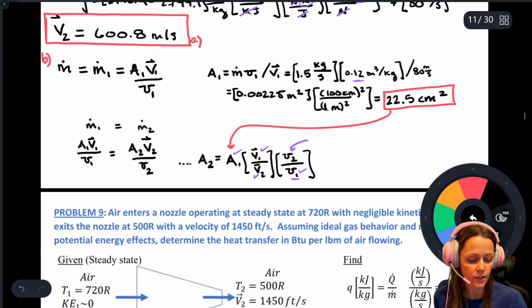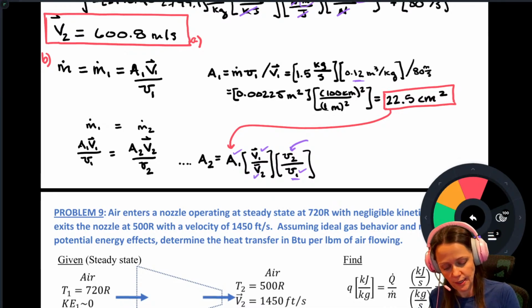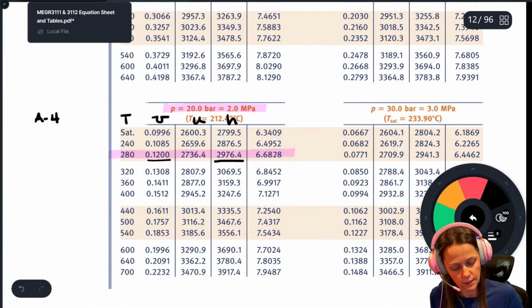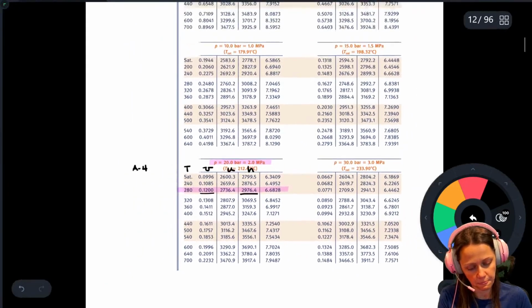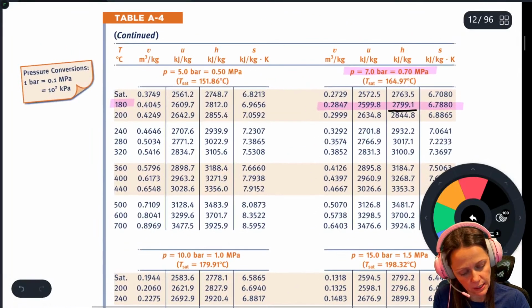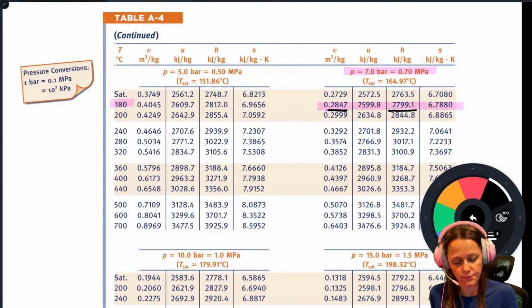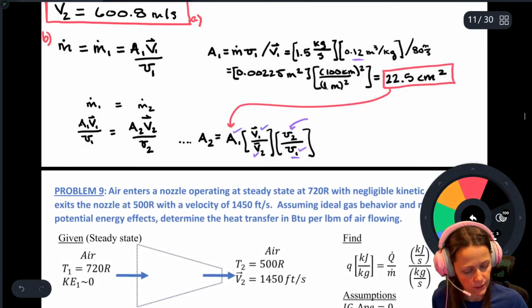The only thing I need is the specific volume at 2. This is at 7 bar and 180 degrees Celsius. It looks like that's my specific volume right there, 0.2847.